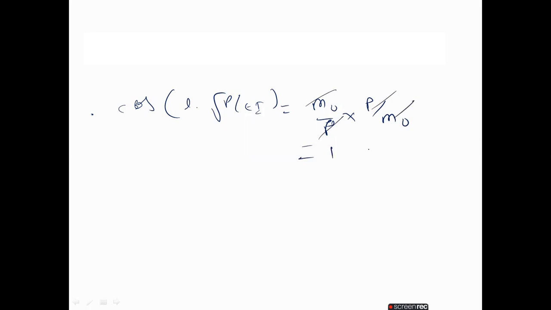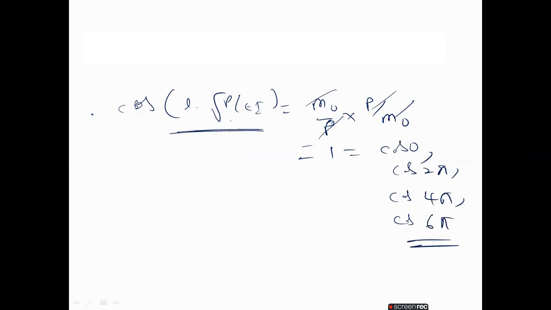Okay, 1 is nothing but cos 0 or cos 2 pi or cos 4 pi or cos 6 pi. Once you see this one, now we will take this one: L into square root of P by EI equal to, cos will cancel, there should be a 0. But the minimum value, if you take the practical value, minimum is 2 pi.